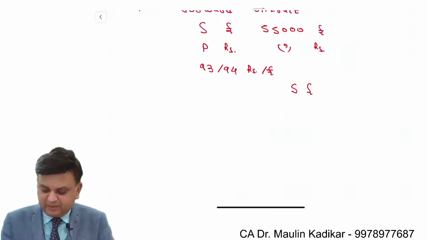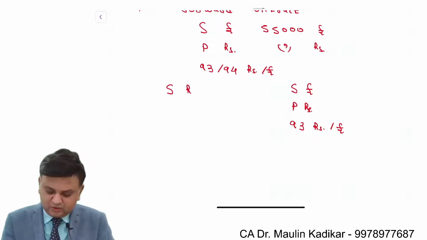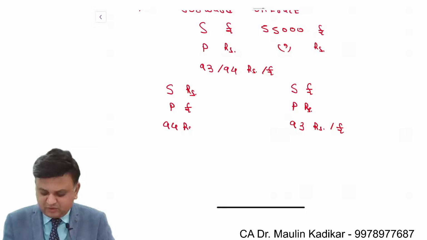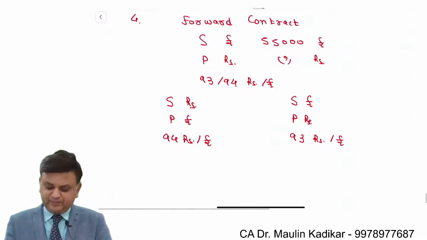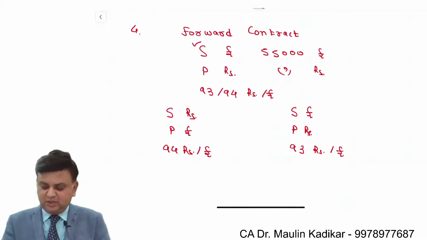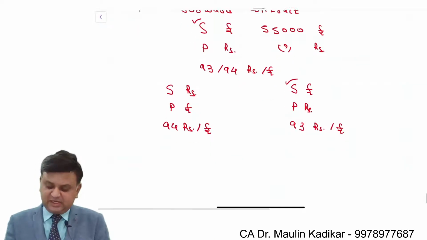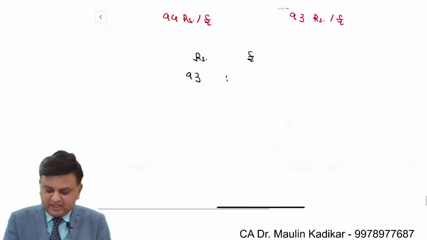If you convert pound into rupees, you will get a higher amount of rupees. And if you want to convert rupees into pound, then you are required to pay a higher amount of rupees. First of all, we do the bifurcation. We are interested in the conversion of the pound into rupees, so this is the rate. So it is rupees and pound, 93 is equal to 1.